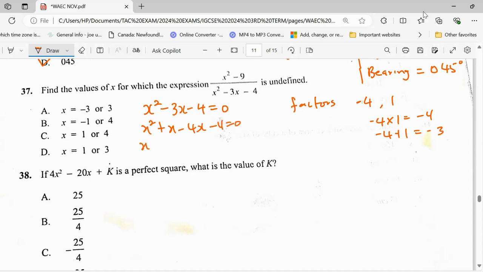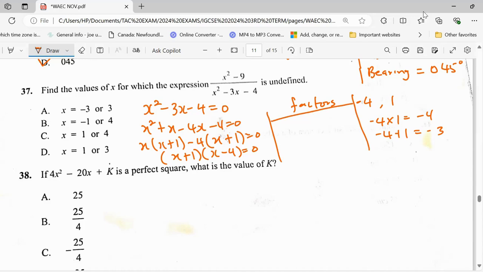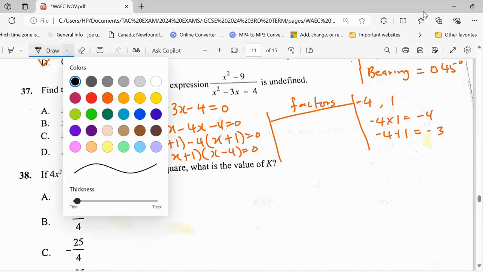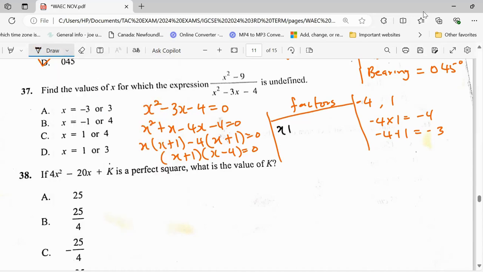So here you factorize x into x plus 1 minus 4 into x plus 1 equals 0. You have x plus 1 times x minus 4 equals 0. So solving here, we are going to have either x plus 1 equals 0 or x minus 4 equals 0.